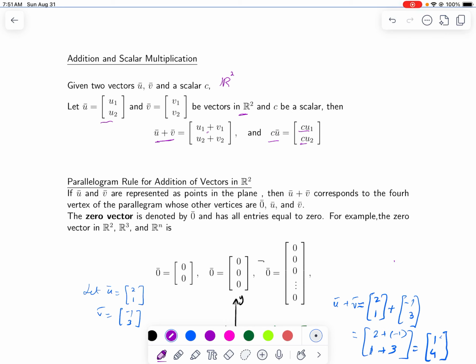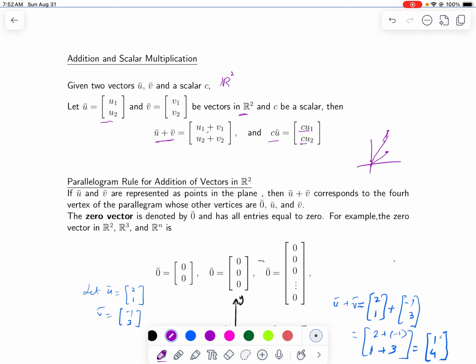So if u and v are represented as points in the plane, you have a vector u, and let's say u ends up here, so if I draw the line, it goes like that. And let's say v ends up over here.